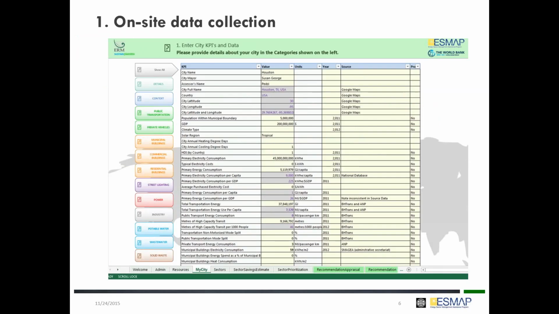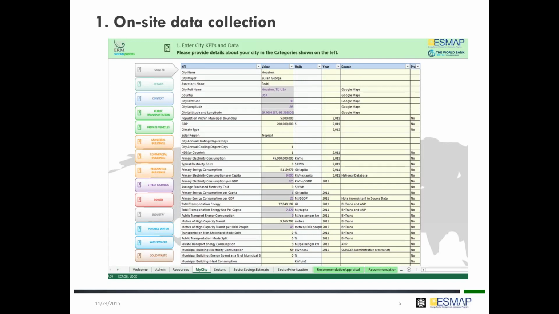This is how the new data collection sheet looks like. That helps the team when collecting the data. And as Xenia already noted, the tool is intended for use by those cities that do not have a good database and do not have a good knowledge of their energy efficiency potentials.